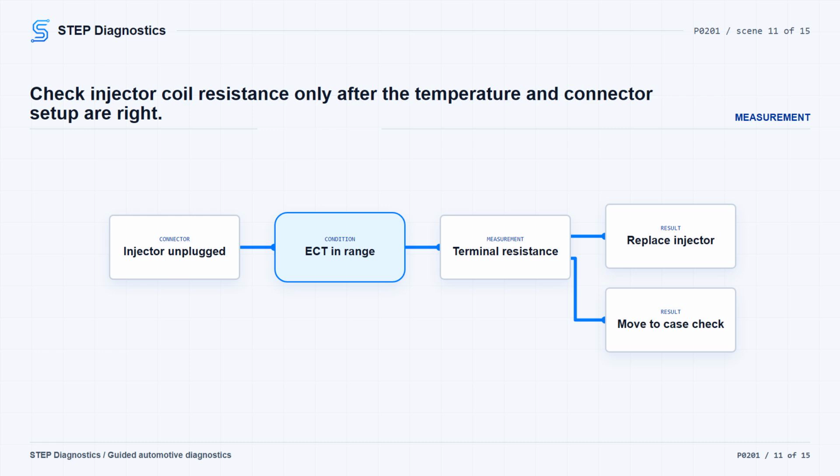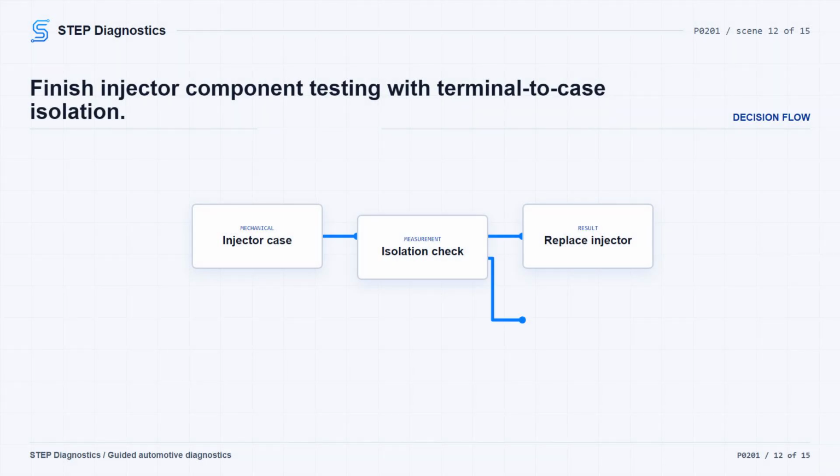The specification is 1.06 ohm plus or minus 10% at 20 degrees Celsius, 68 degrees Fahrenheit. If it is not within that range, replace the fuel injector. If it is within range, test for infinite resistance between each injector terminal and the injector housing or case. Less than infinite resistance means replace the fuel injector. Infinite resistance means the injector passes those checks.